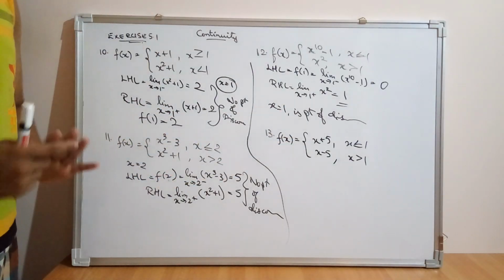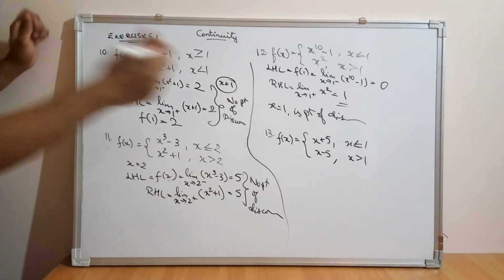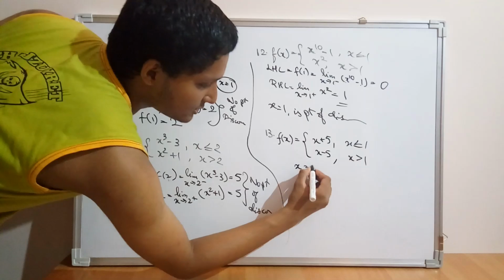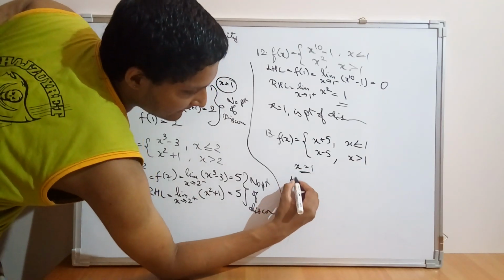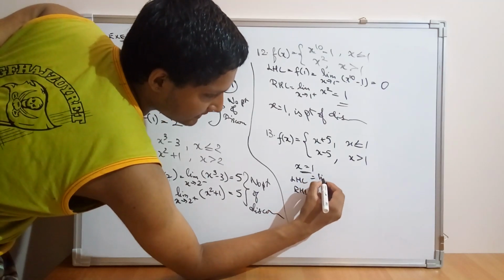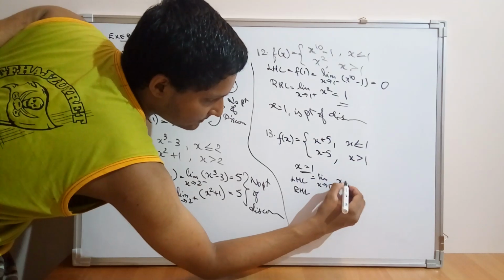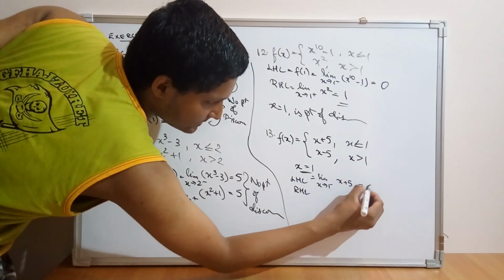Now the remaining thing is about x is equal to 1. It is going to be a point of discontinuity because it is not looking the same also. Okay. LHL, RHL. Limit x tending to 1 minus x plus 5, it is going to be 6.